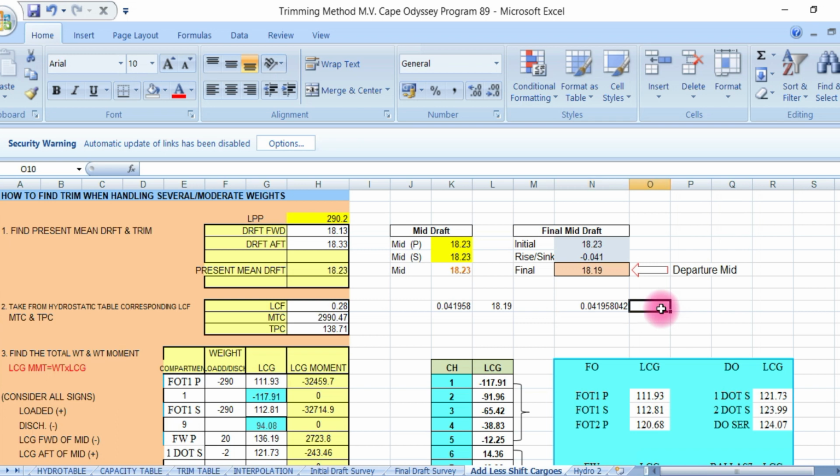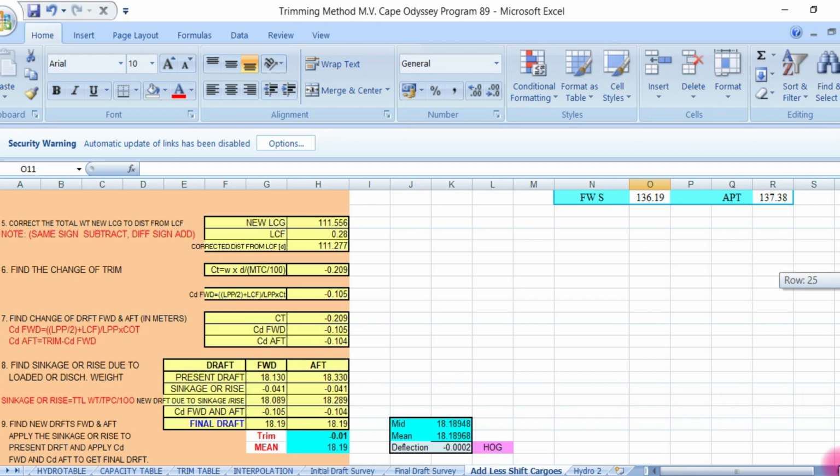And 4 centimeters from 18.23 minus 4 centimeters, your answer is 18.19. Okay, so this will be your arrival draft at Gwangyang, forward and up, and mid is 18.19, and you will have a trim of 0, and your deflection is 0.